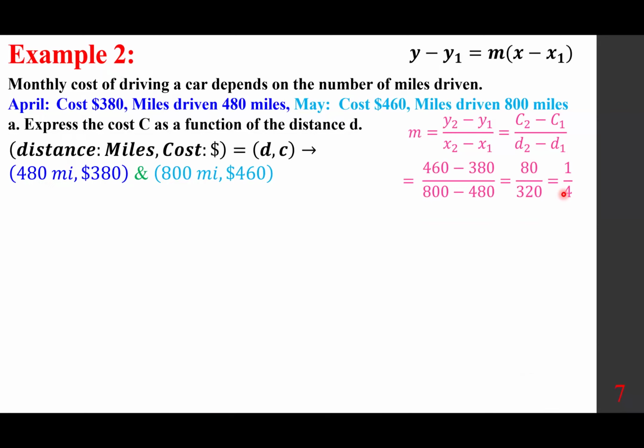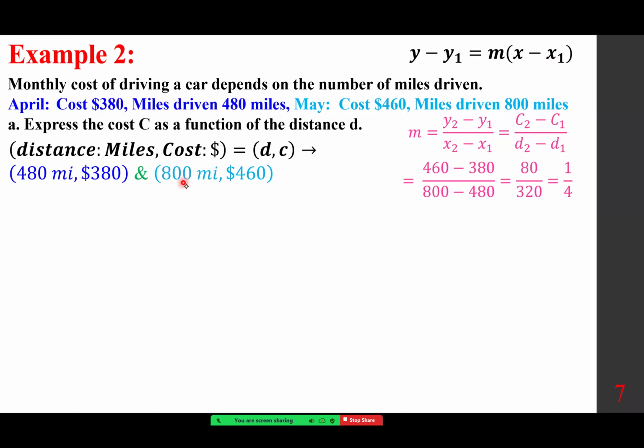Now, y minus y1 equals m times x minus x sub 1. So in this case, we are going to say c minus c sub 1 equals m times d minus d sub 1. So you can use one of these two pairs.